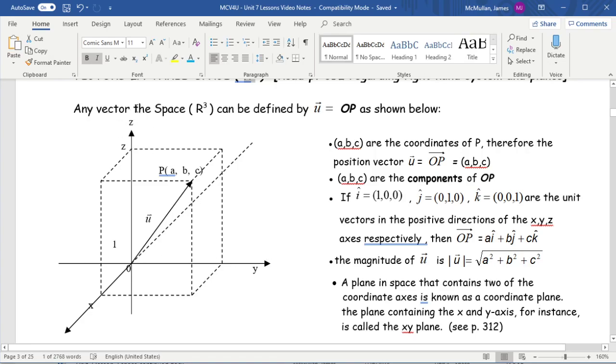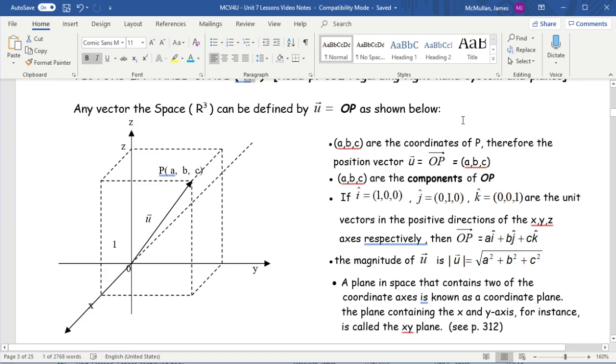Positive z is going upward, positive y is going to the right, and positive x is coming out at you towards the page, towards you, out of the screen, right? So just one more time, z is pointing up, y is pointed to the right, x is pointed towards you, or what we say out of the page. A negative x is pointed into the page.